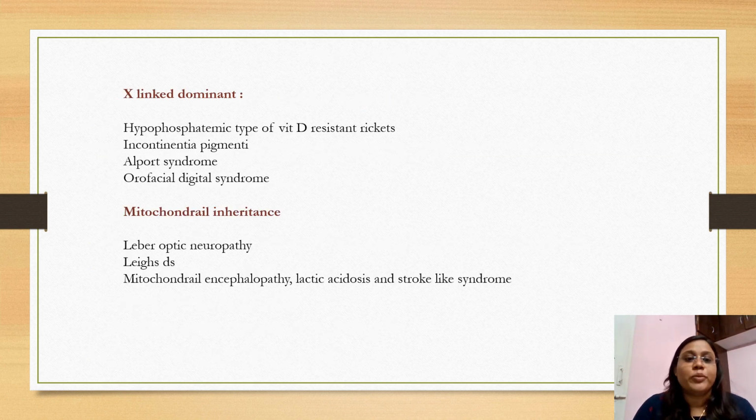Now X-linked dominant we have four disorders: hypophosphatemic vitamin D resistant rickets, incontinentia pigmenti, Alport syndrome and orofacial digital syndrome.